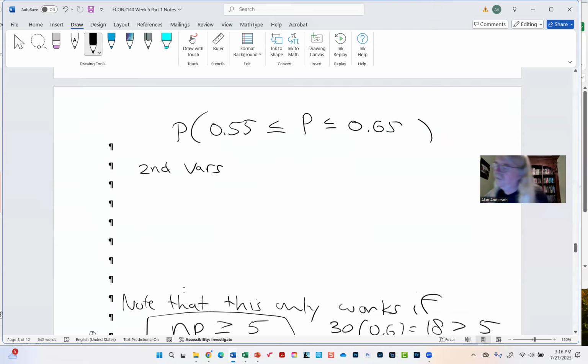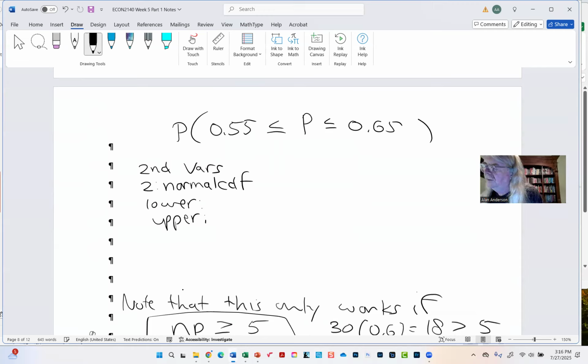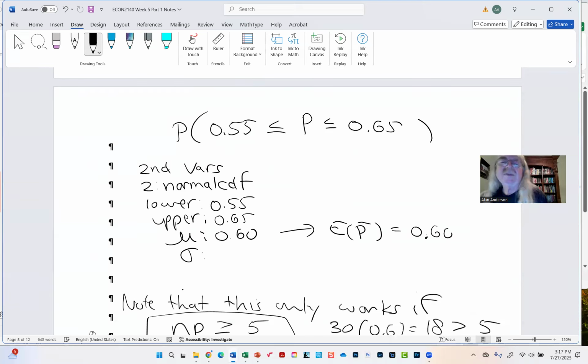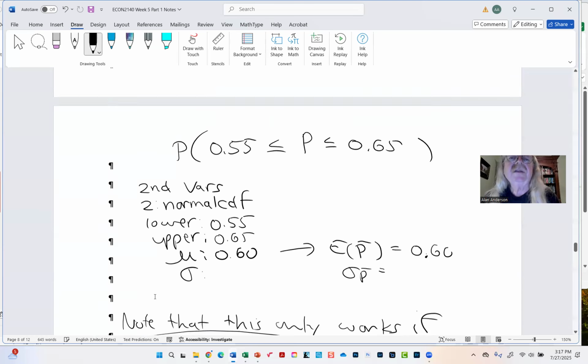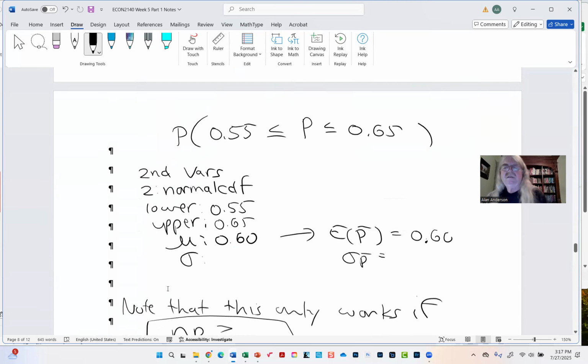All right, let's do this. Second vars, 2, normal CDF, lower, upper, mu, sigma. Now, in this case, you're actually using this term. It says mu, I know, but it's E of P bar. And then the standard deviation is this, which we just got through calculating to be 0.089.